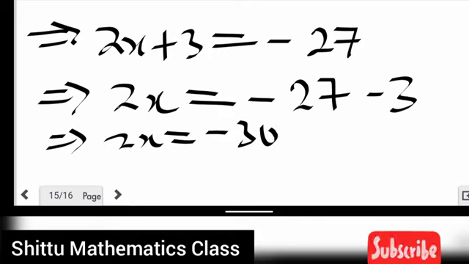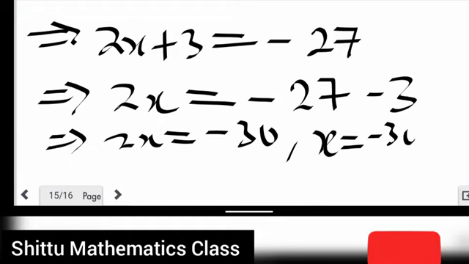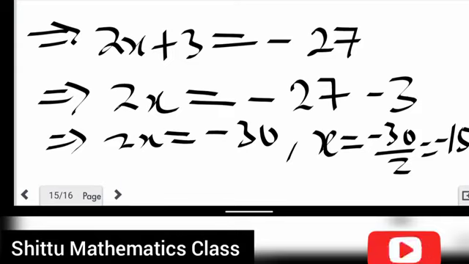Now we divide through by the coefficient of x. So we have x equals minus 30 divided by 2, which gives us minus 15. So you can see that minus 15 is the solution to this problem.